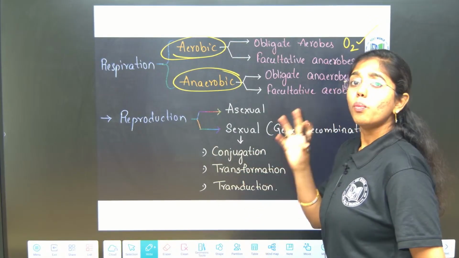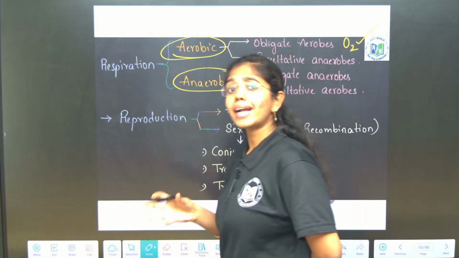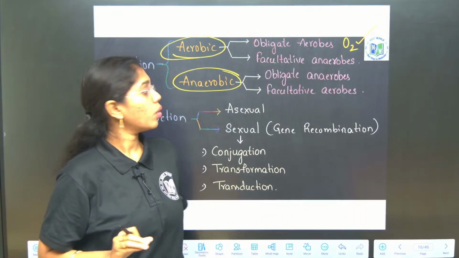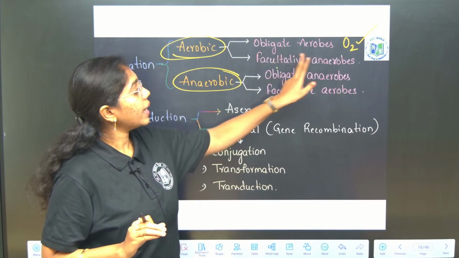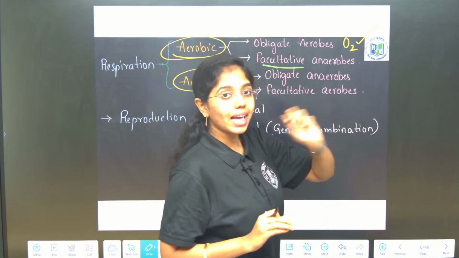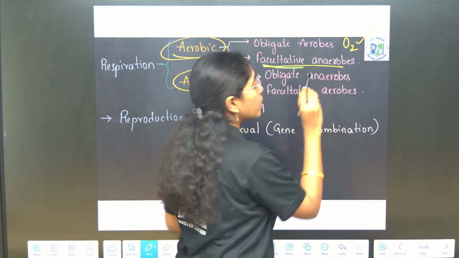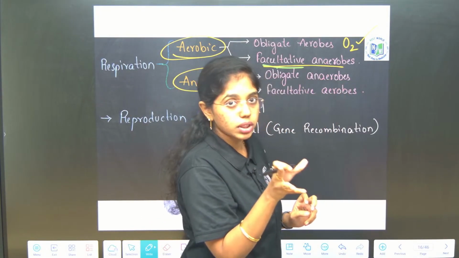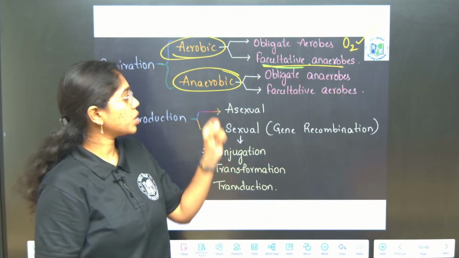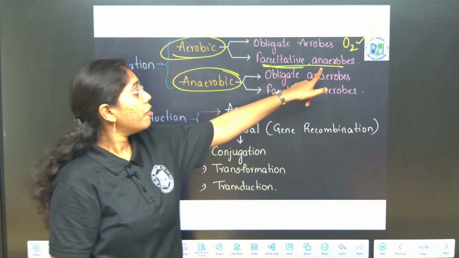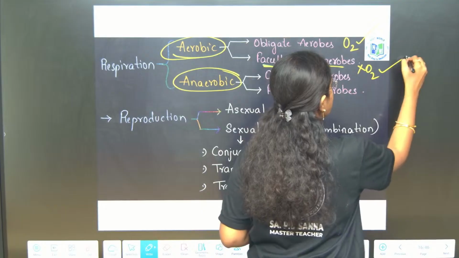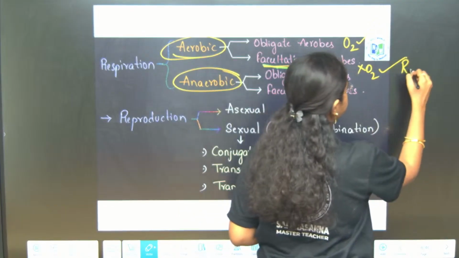Facultative anaerobes means most of the time they act as aerobes only. Whenever the bacteria is deprived of oxygen, even in that condition they respire. Those are facultative anaerobes. Whenever there is absence of oxygen also they will respire.